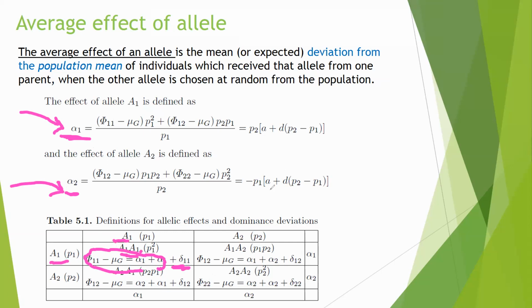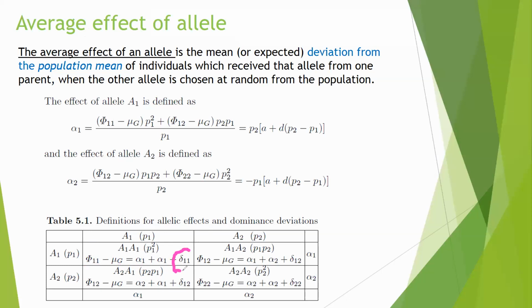And in this table there's another thing called the dominance deviation. When you look at the deviation between the genotypic value for this genotype and the population mean, for the genotype A1A1 it equals the average effect for this A1 plus another average effect for this A1 plus a deviation. This deviation cannot be explained using the linear model.